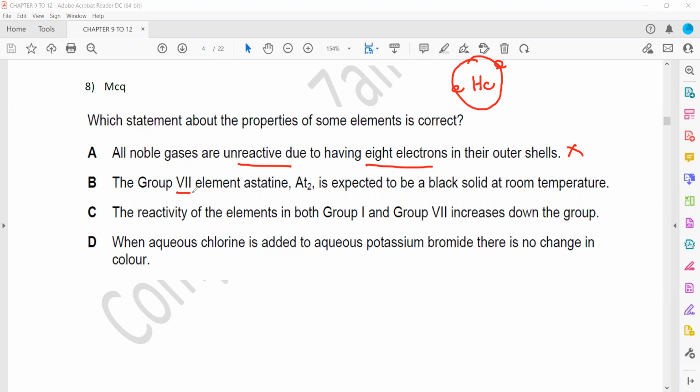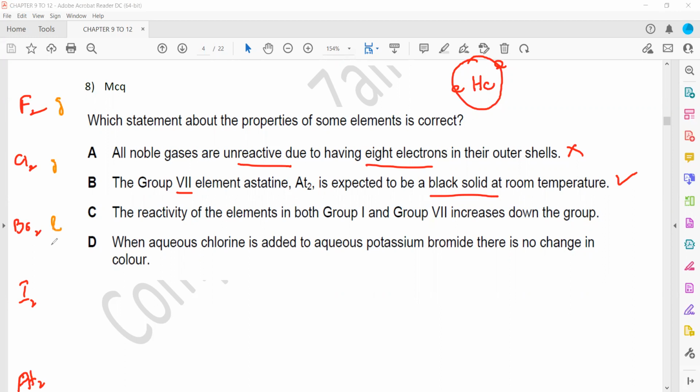When we check group 7 elements, astatine is expected to be a black solid at room temperature. That is true. Fluorine, chlorine, bromine, iodine, and then astatine, all these group 7 elements exist as diatomic molecules, in which fluorine and chlorine exist as gases at room temperature.